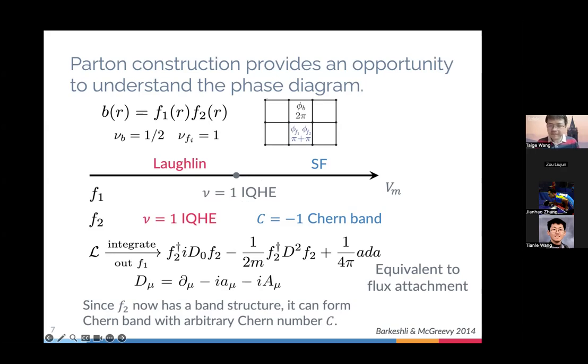Thank you. I was just trying to explain how to understand this parton construction. It might seem alien to people, but it's nothing but the flux attachment approach, the composite fermion approach. It's deep in the Laughlin state. I think I wrote it in a slightly confusing way. Sorry about that. Nobody pointed it out when I gave these talks elsewhere.